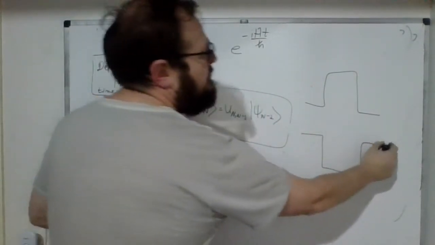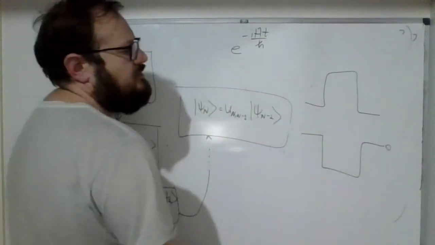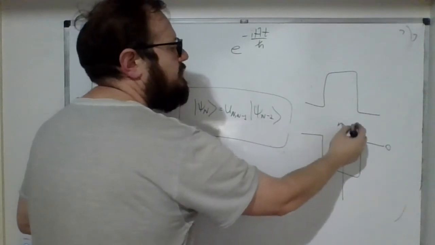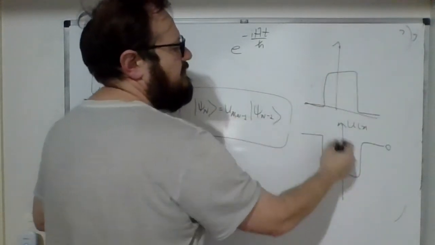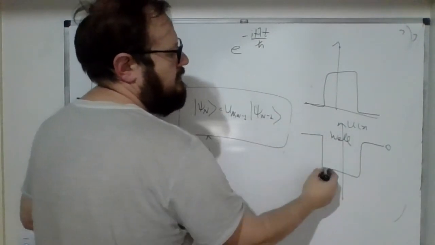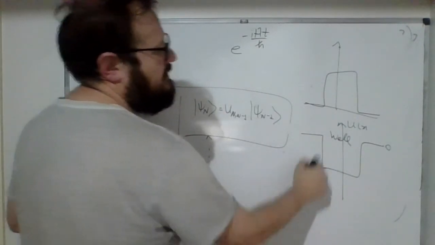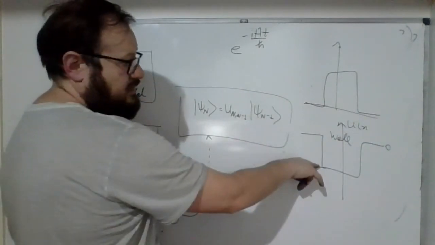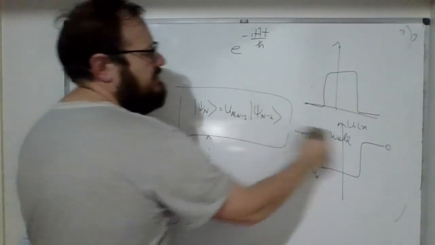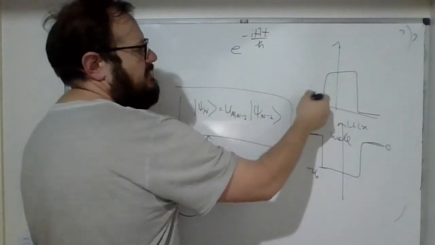This is zero energy corresponding to potential energy. So this is a well. The energy here is negative with respect to zero. Or if you put zero here, the sides are above zero, and this is a barrier.